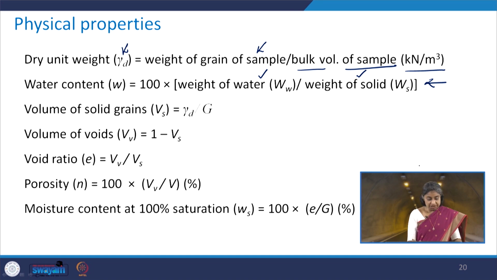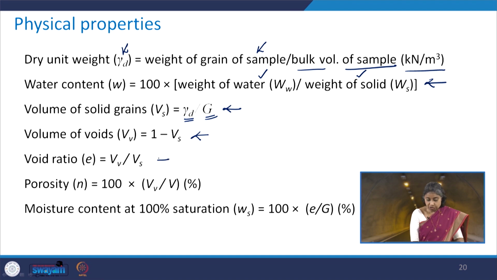Then the third term is volume of the solid grains, which is the dry unit weight, gamma d, upon the specific gravity of the grains, G. Then volume of voids is 1 minus the volume of the solids.